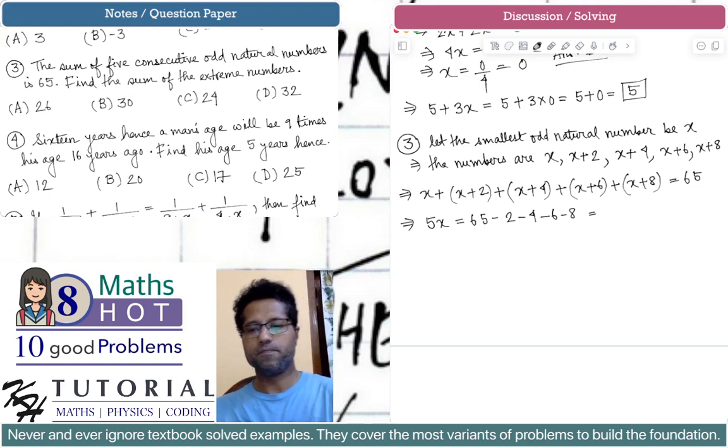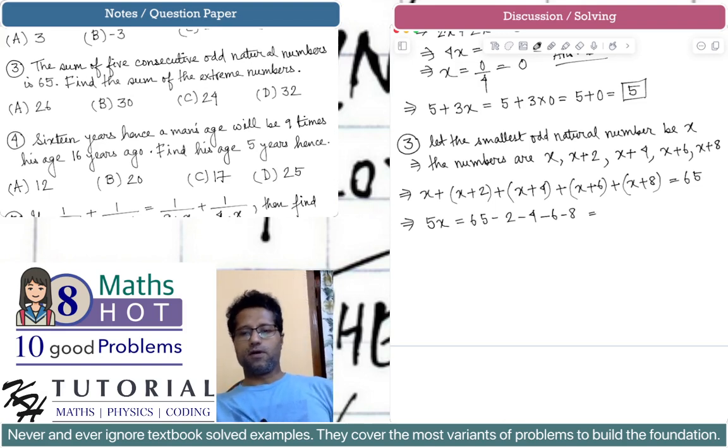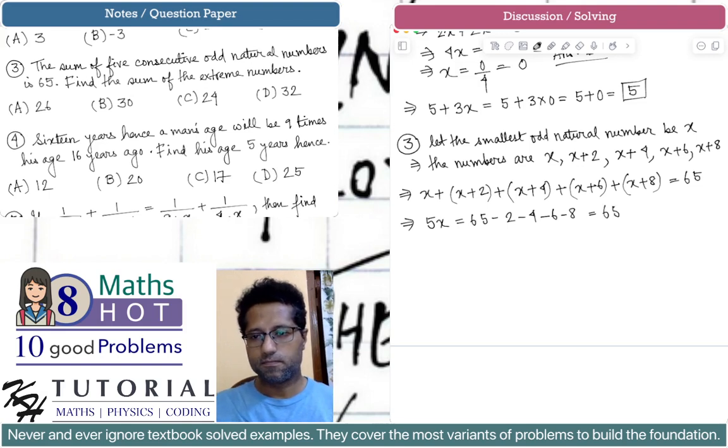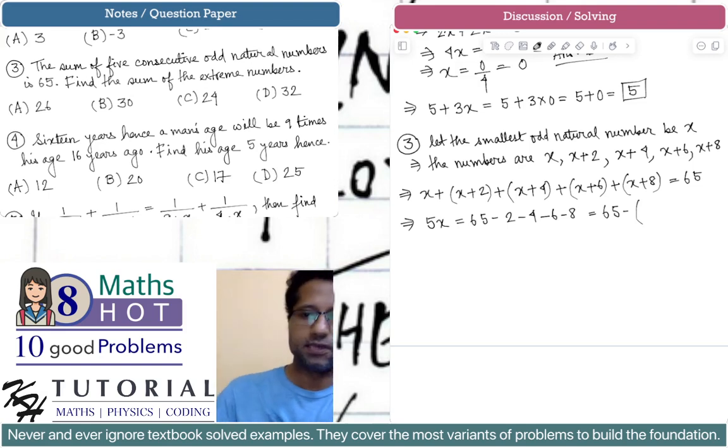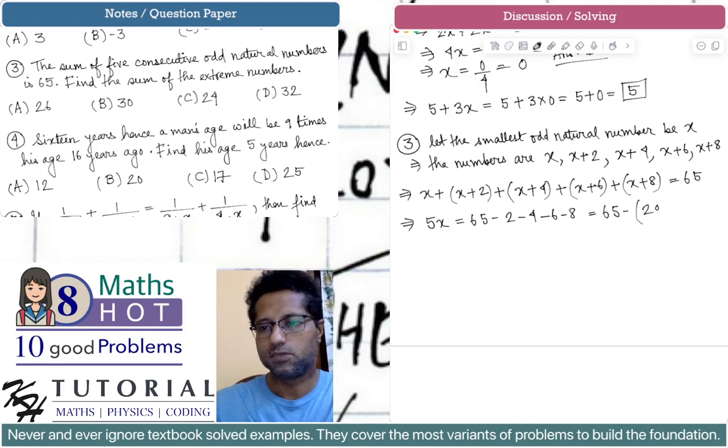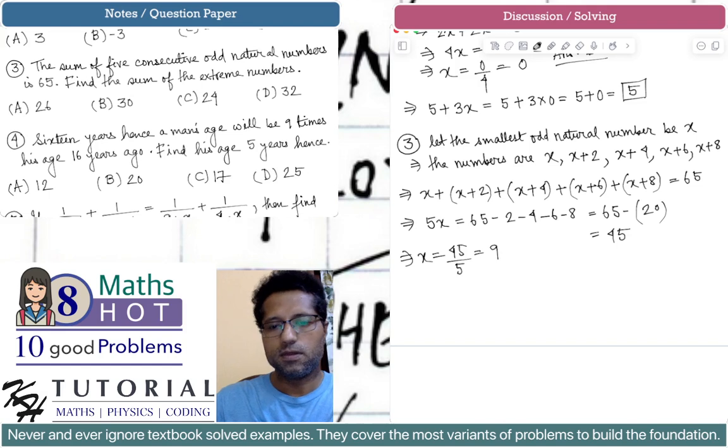This is 65 minus, if you add all the negative numbers, 2 plus 4 is 6, 6 plus 6 is 12, and 12 plus 8 is 20. This is 65 minus 20, which is equal to 45. So this implies x is equal to 45 divided by 5, which is equal to 9.